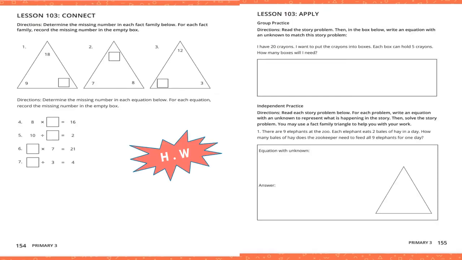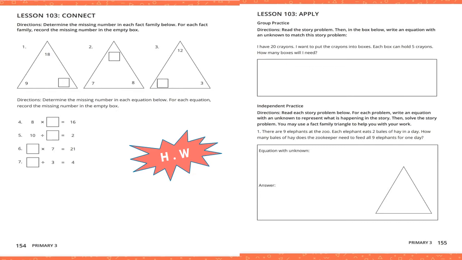Lesson 103. From the previous lesson, I want you to solve the fact families below as homework. Now let's move to the next page. Read the story problem, then write the equation with an unknown to match the story problem. I have 20 crayons. I want to put the crayons into boxes.